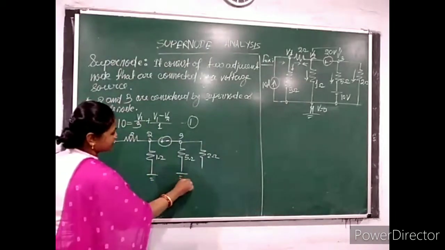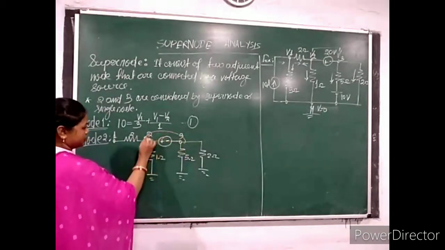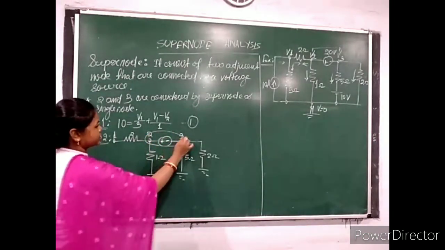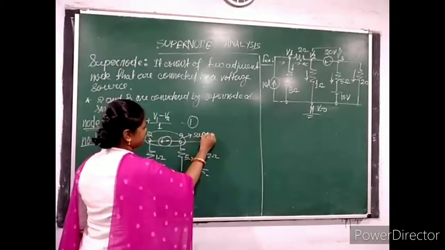This point is the reference. Okay, this is the simplified circuit. Now 2 and 3, which is the supernode or single node.